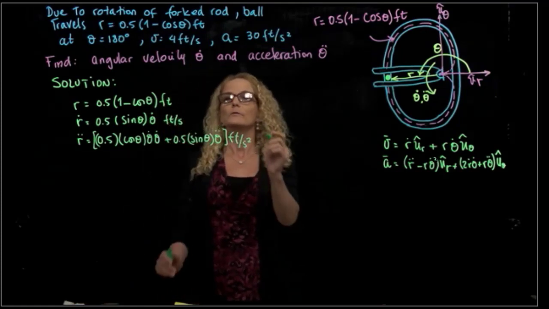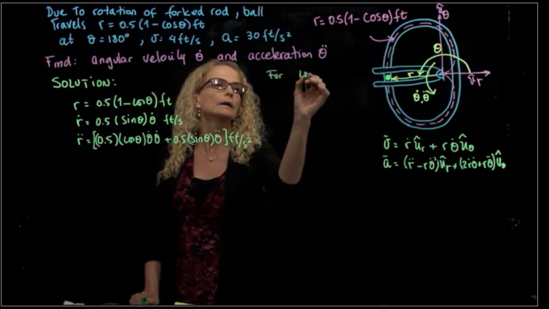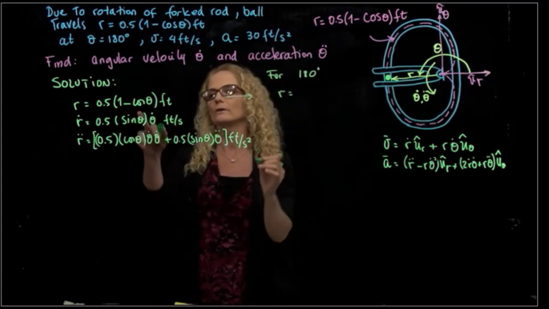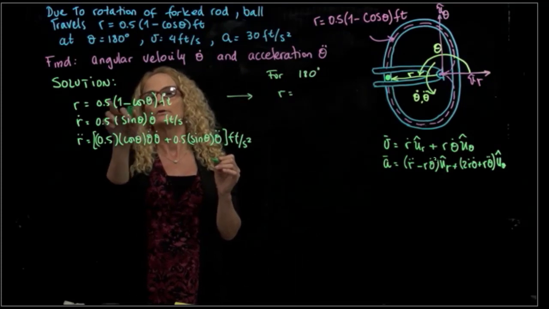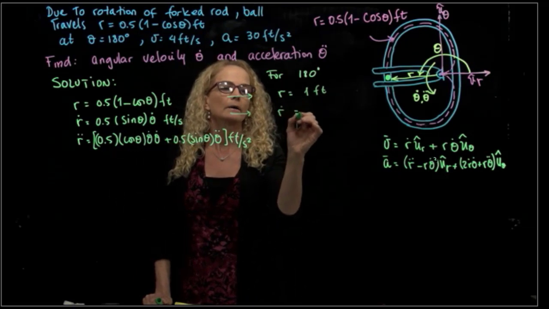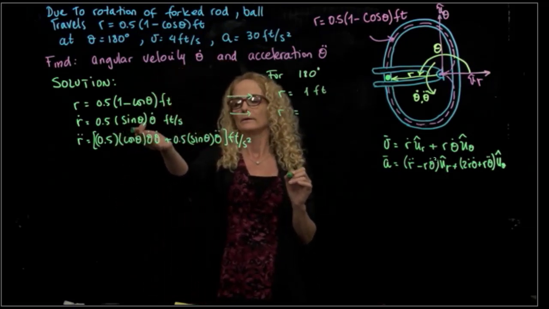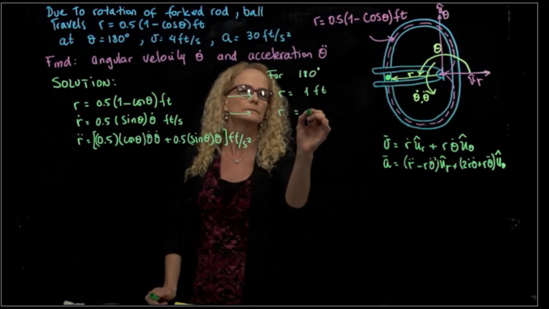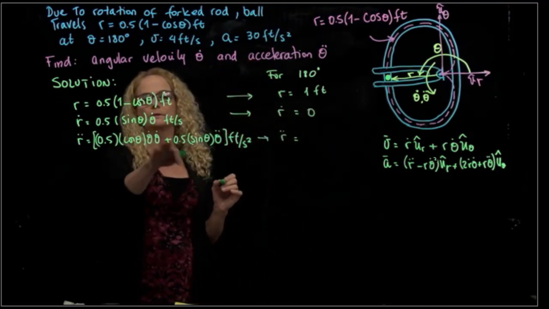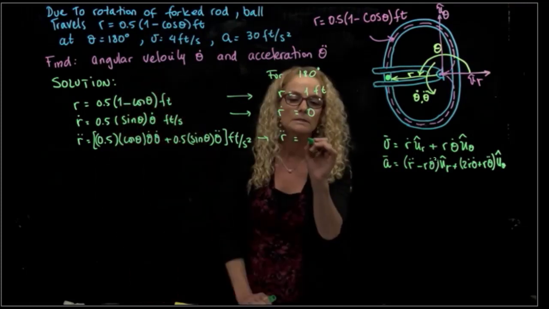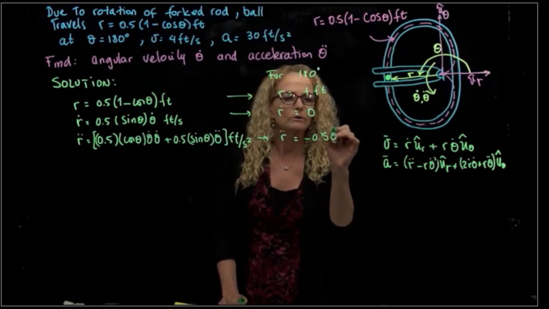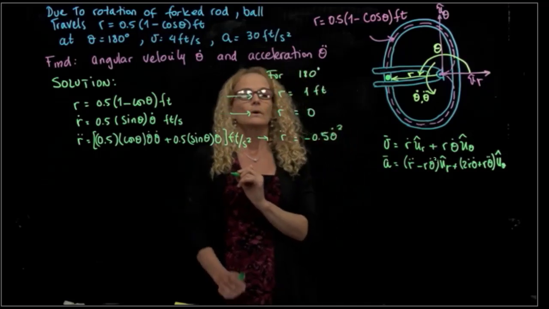We can evaluate that for 180 degrees. We will have that r is equal to 0.5 times (1 minus cosine of 180); cosine of 180 is negative 1, so it will be 0.5 times 2, and r equals 1 foot. r dot will be equal to 0, since sine of 180 is 0. And r double dot, this expression becomes 0, and we evaluate that as negative 0.5 theta dot squared.